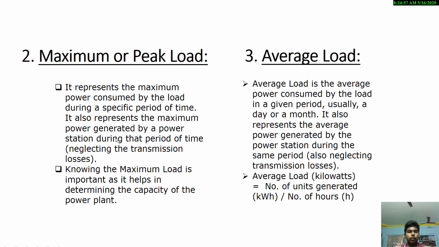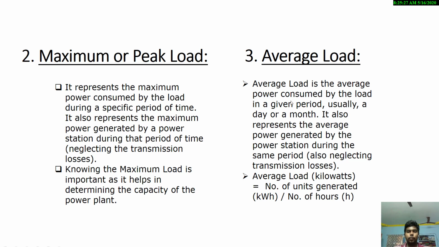These are all for ideal cases, neglecting all the transmission power losses. Knowing the maximum load is important as it helps to determine the capacity of the power plant, that is, the generating station.